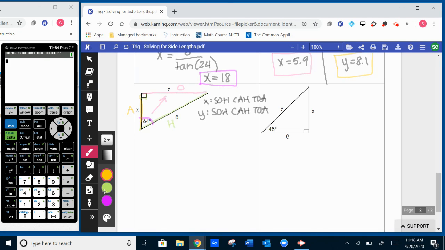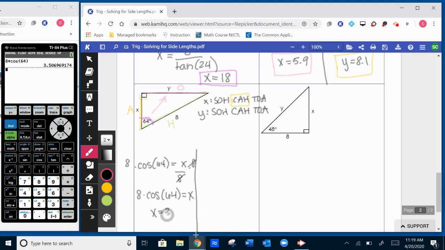So AH is going to be cosine. So I'm going to start with the cosine of 64 degrees equals x over 8, times 8. 8 times the cosine of 64 equals x. And I get 3.5.